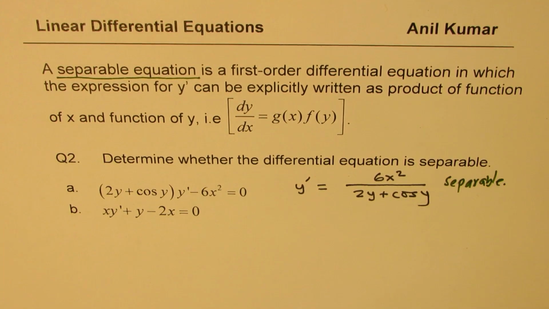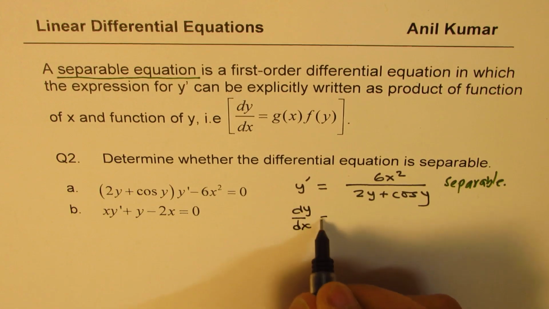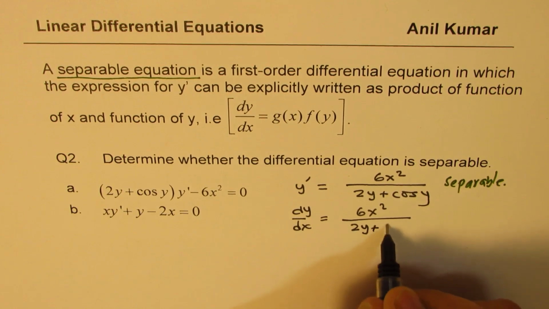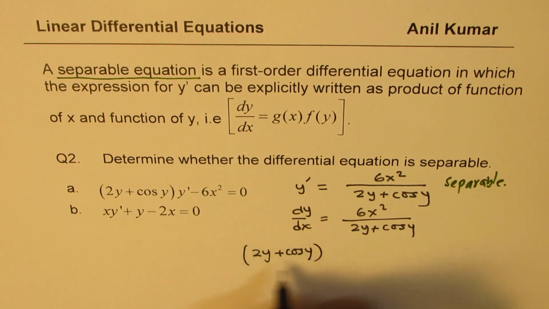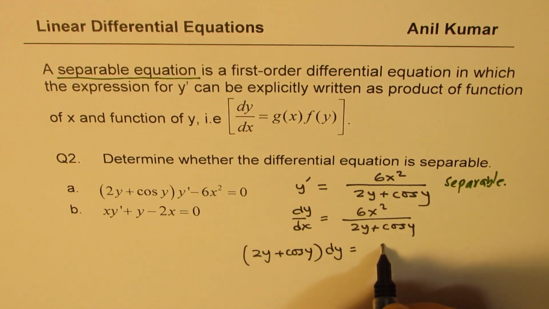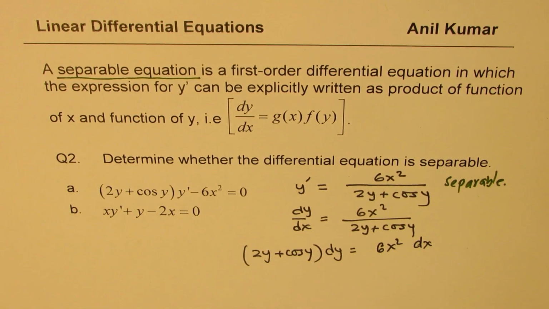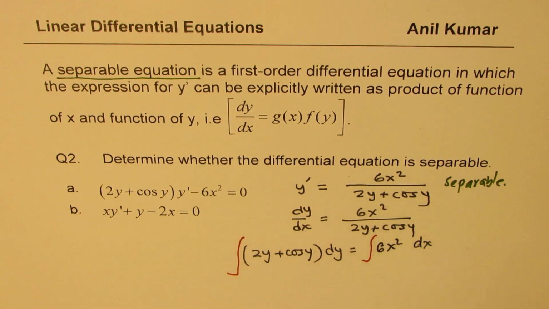Now why is it important to identify this? Because if you know it is separable, you have a very easy way of solving. Let's solve this. dy/dx equals 6x squared over 2y plus cos y. If you cross multiply, you get (2y plus cos y) dy equals 6x squared dx. Now we can integrate both sides, since you have isolated them.